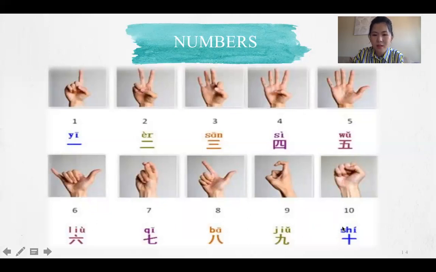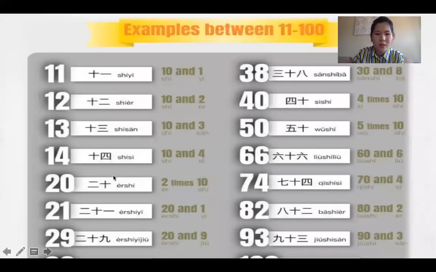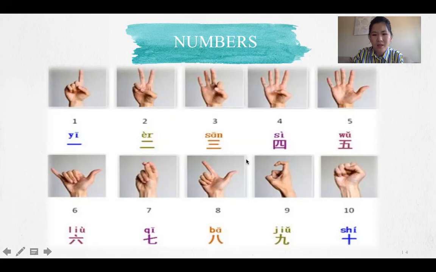And 16, 10 and 6. 17, 10 and 7. 18, 19. Okay, now when it comes to 20, you have 2 and 10, right? 2 tens. So you say 20. Now, if you want to say 30, 3 and 10, how do you say? 30, right?